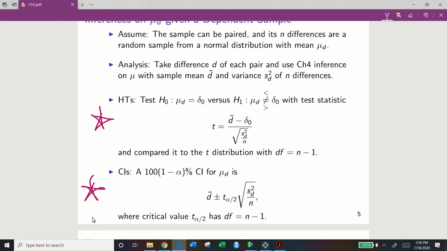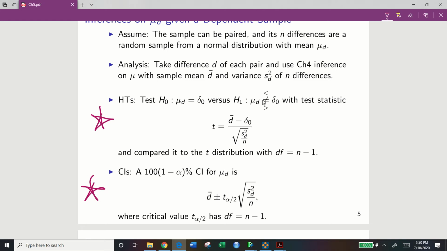Our null hypothesis will be H naught: mu d equals delta naught, versus H1, our alternative hypothesis, where mu d can either be less than, greater than, or not equal to delta naught, with our test statistic t equals d bar minus delta naught all over the square root of S_d squared over n. And we'll compare this with the t distribution with degrees of freedom equal to n minus 1.